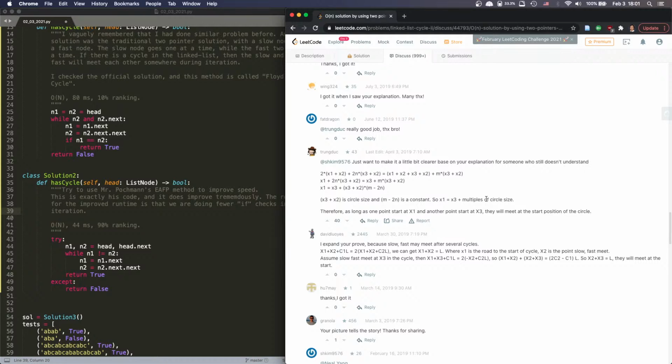This shall equal 2 times slow has moved. So what we get is k times n plus p plus n equals 2m plus n. So we got m plus 2m. So it'll be k times n plus p minus n equals m, right?